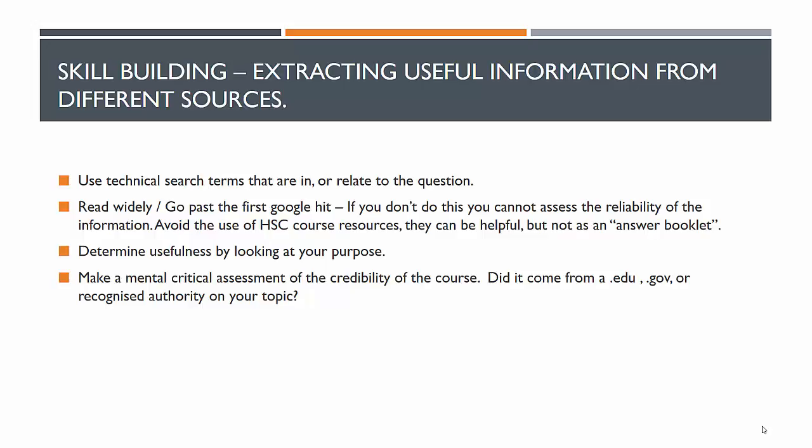Mainly because what you're going to get is a whole bunch of HSC resources. Biology is one of the most well-resourced subjects in New South Wales and on the web. But it's kind of like just going straight to the back of the book and looking for the answer. You're not really learning anything. So just try to avoid HSC websites.